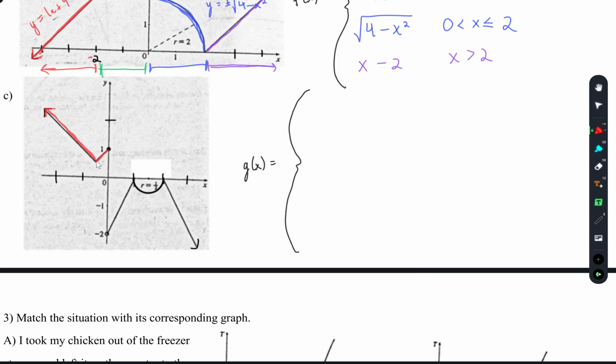It looks like the slope's still 1. Because that looks like slope of 1. So then I got my bar and I got X. And it got scooched over, right? So it scooched left.